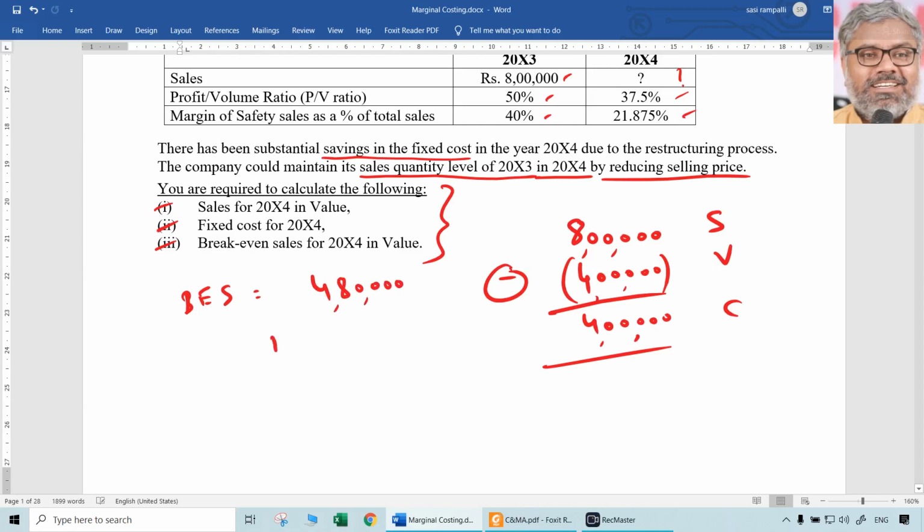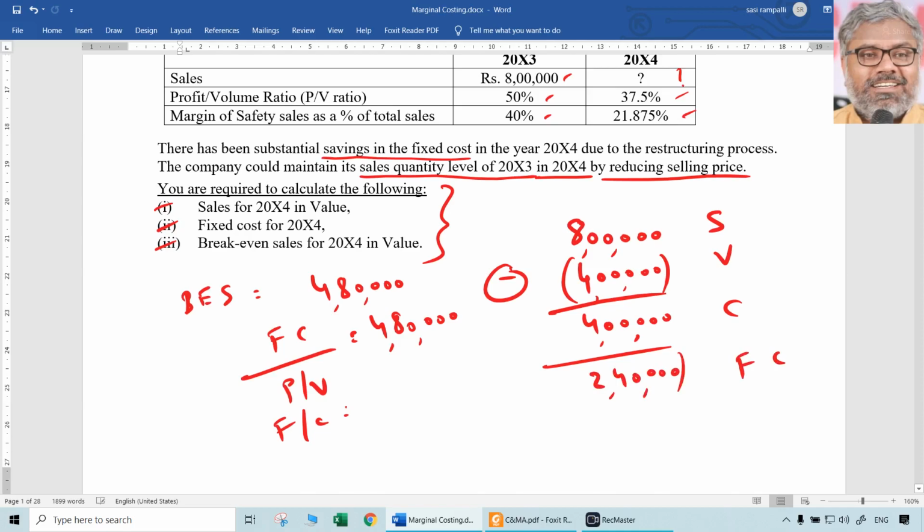What is the formula for break-even sales? Fixed cost by PV ratio, equal to 4 lakh 80,000. Then how much will be fixed cost? PV ratio into 4 lakh 80,000, that is 4 lakh 80,000 into 50%, naturally half of that, 2 lakh 40,000. So we have fixed cost also 2 lakh 40,000.